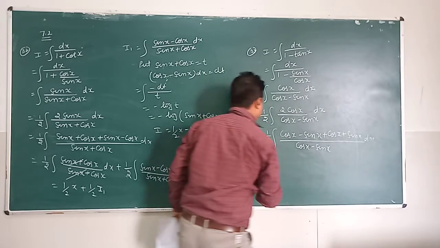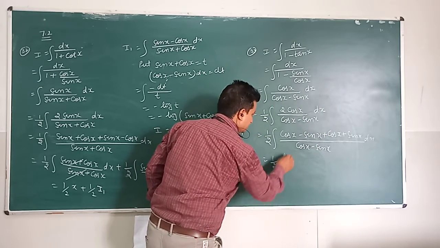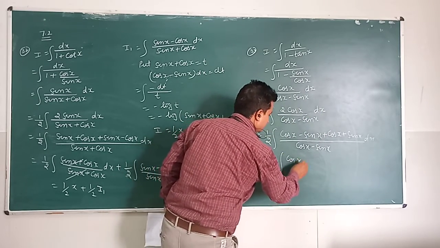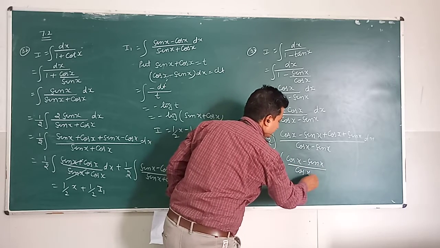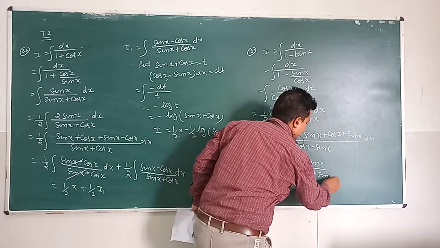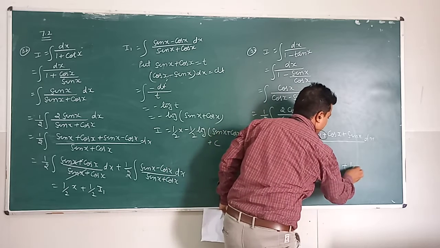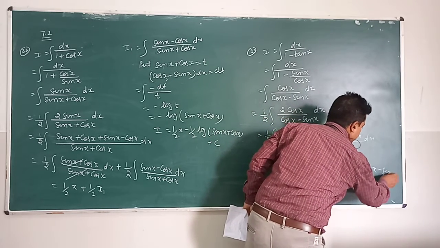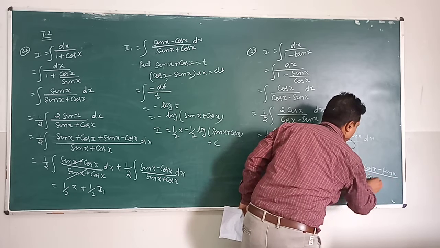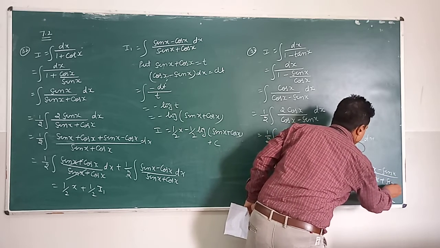When we separate these two, this becomes (cos x minus sin x) upon (cos x plus sin x), and this is 1/2 times (cos x minus sin x) upon (cos x plus sin x).